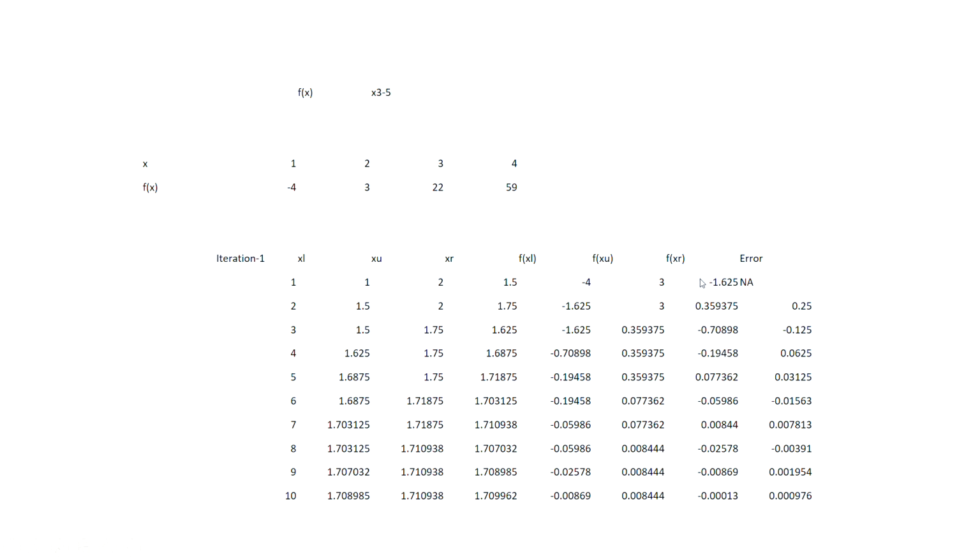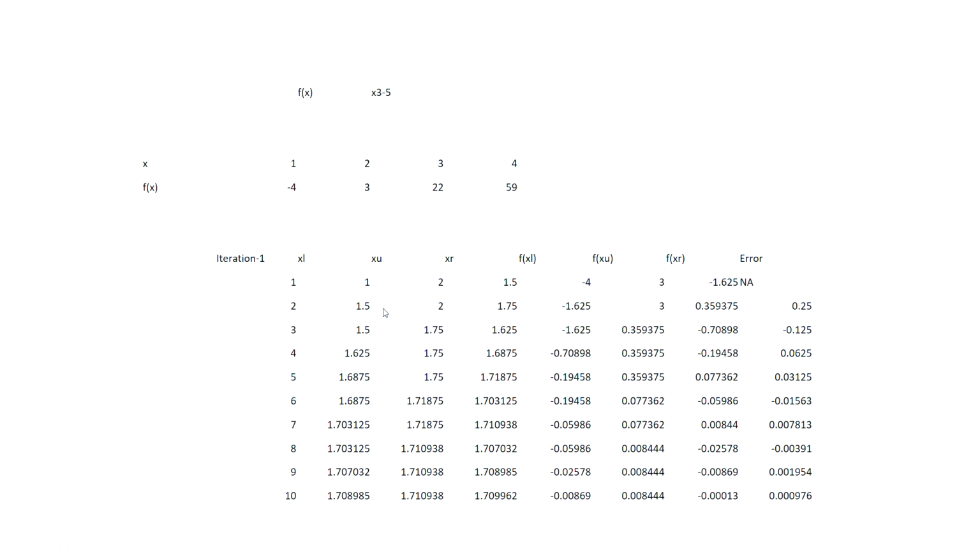Suppose the sign of the function at the midpoint, f of xr, is similar to xl, then xr will replace xl, and if the sign of f of xr is similar to xu, then it will replace xu. In this case, since the sign of f of xl and f of xr is the same, xr will replace xl. So for the second iteration, xl is 1.5 while xu remains the same.